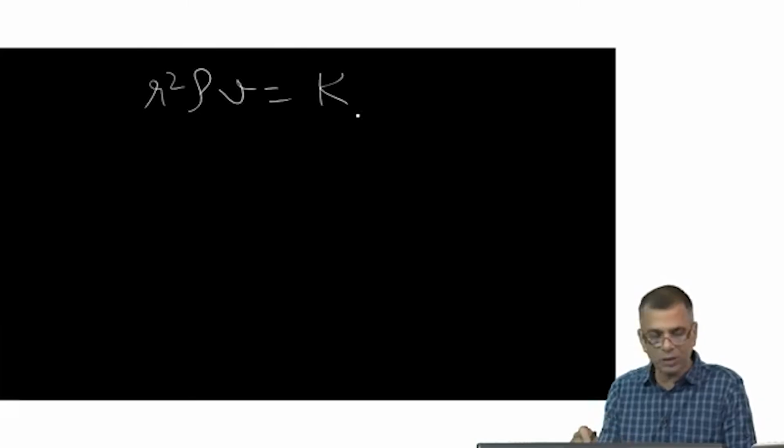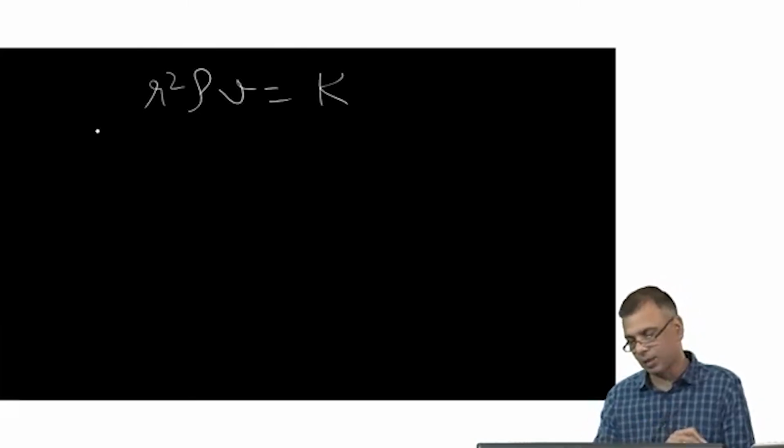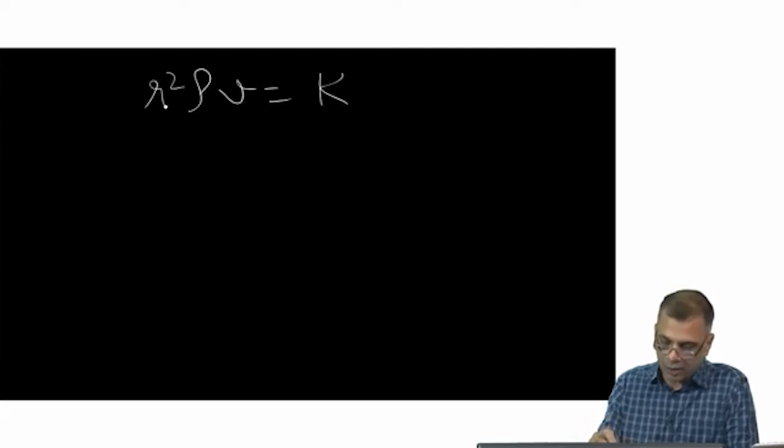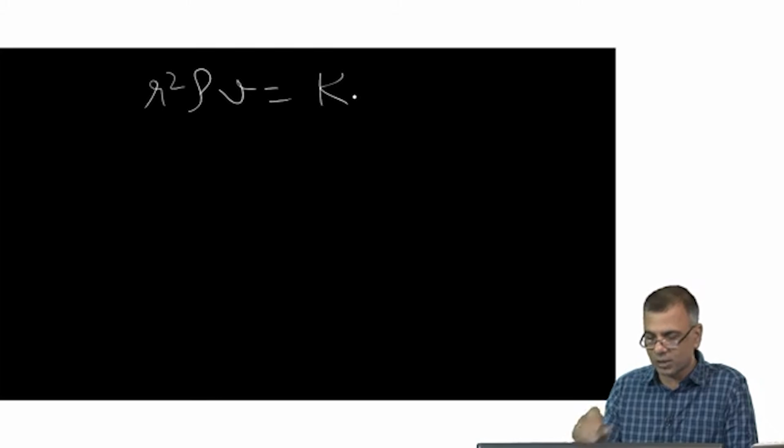I differentiate both sides with respect to r, recognizing that rho is a function of r, v is also a function of r, but k is not a function of r.